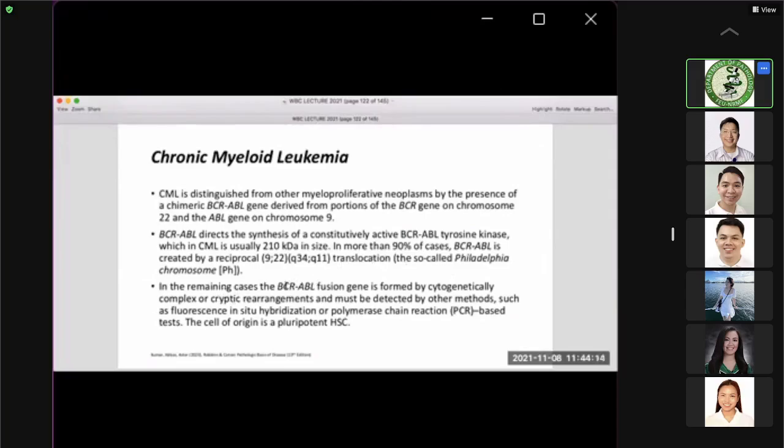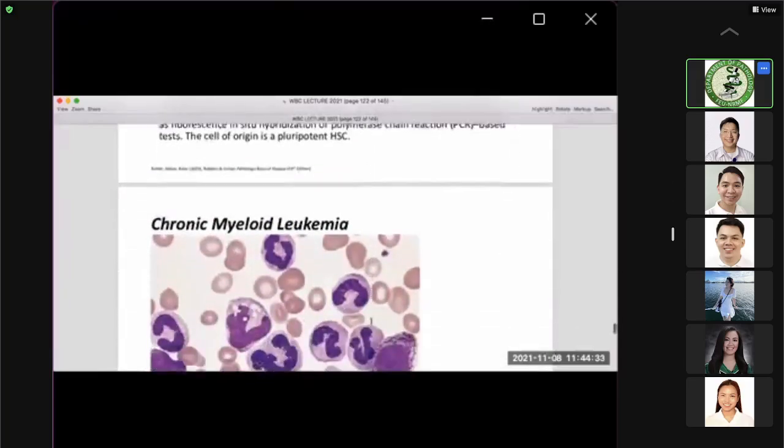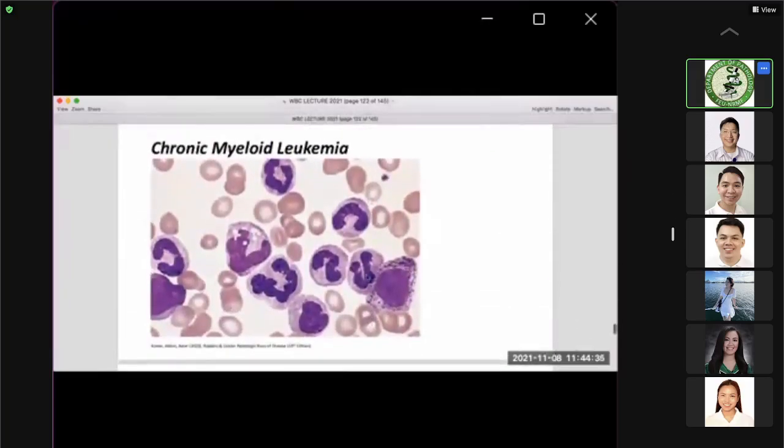The remaining cases of BCR-ABL fusion gene are complex or cryptic rearrangements. These can be detected by other methods using laboratory procedures such as FISH and PCR. So this is CML. When we look at the peripheral blood smear, meron kang maturation stages.